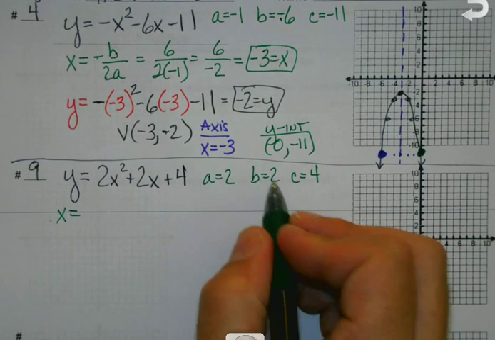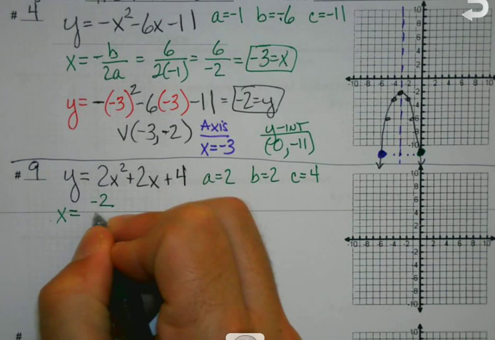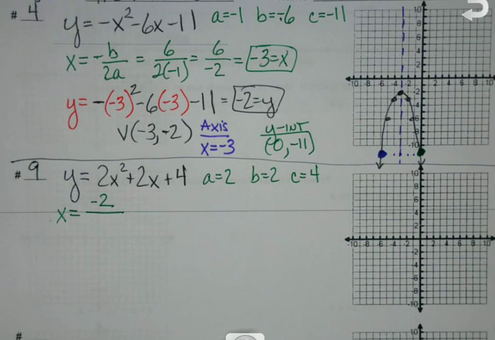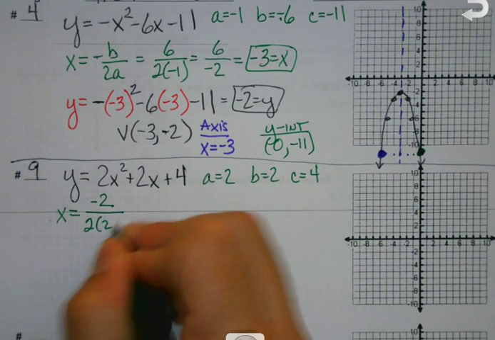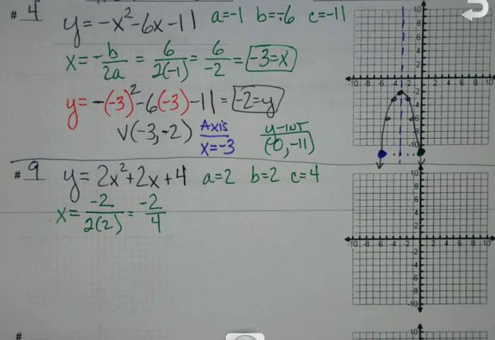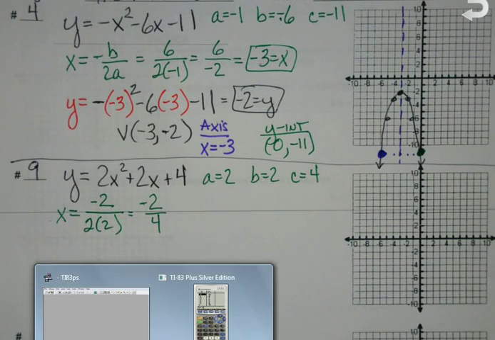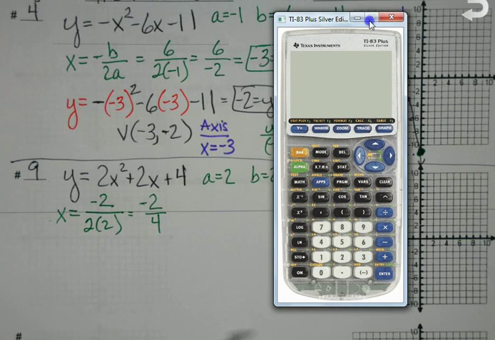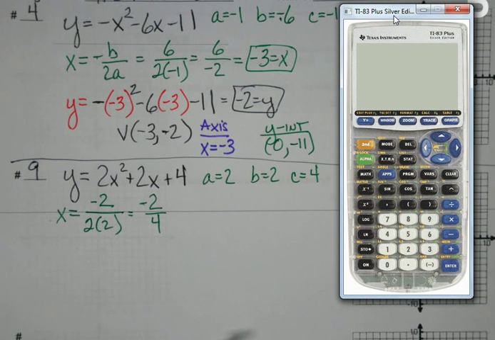So we've got the opposite of B, so -2 over 2 times A. Ooh, now be careful. This is one of those things, sometimes our eyes can trick us. Because sometimes we look at that and our brains tell us we see 4 divided by 2 and we write -2. But it's not because the bigger number's down below.